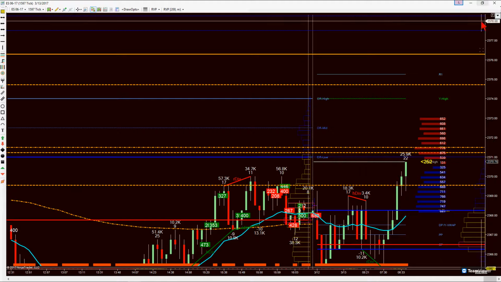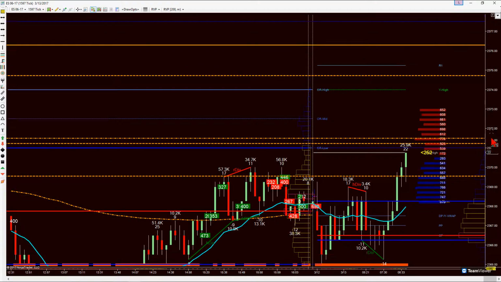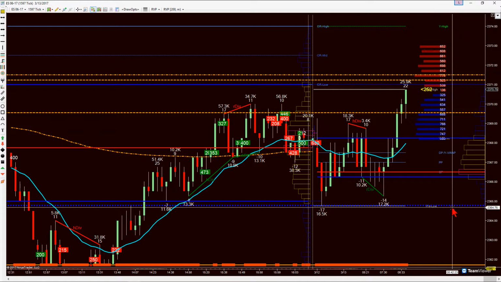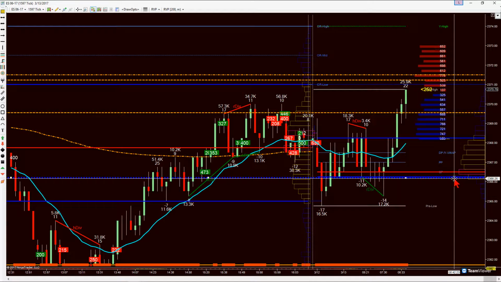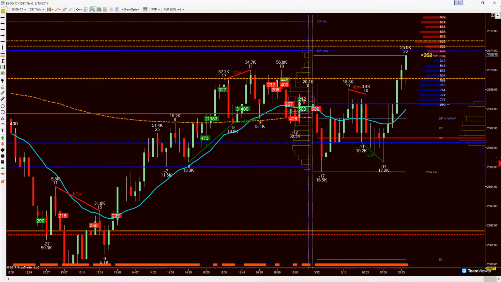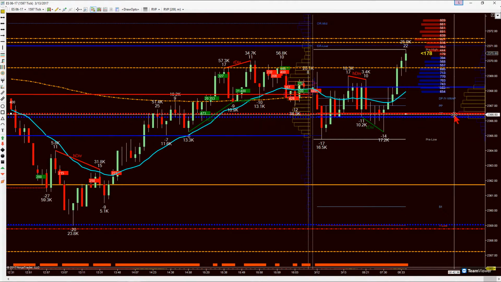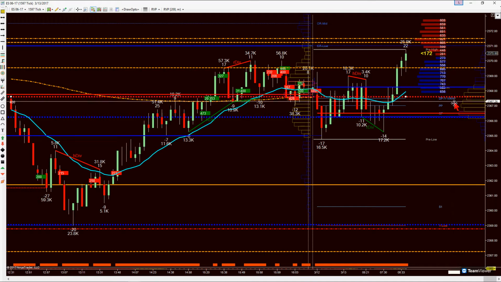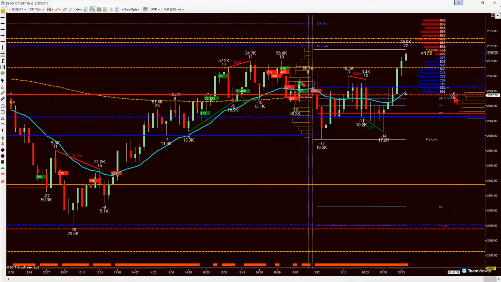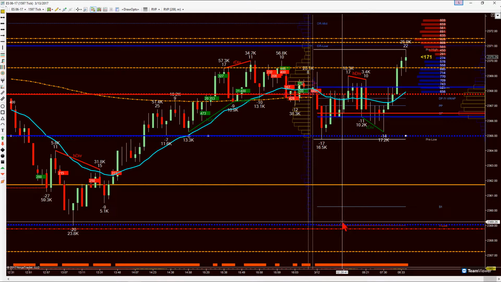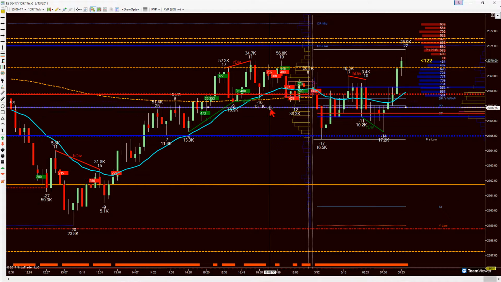So we'll start by adjusting our levels from Friday. Very low. VPOC, actually this value area low should be Friday's trading, not for the overnight. My mistake.